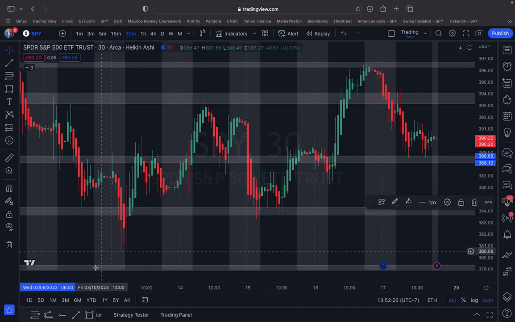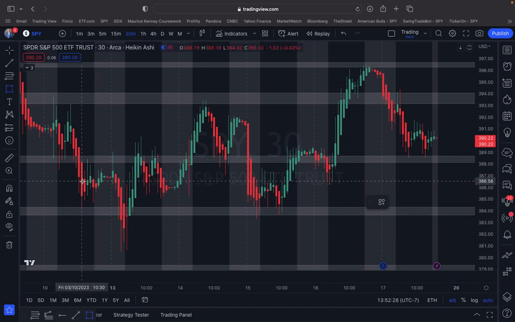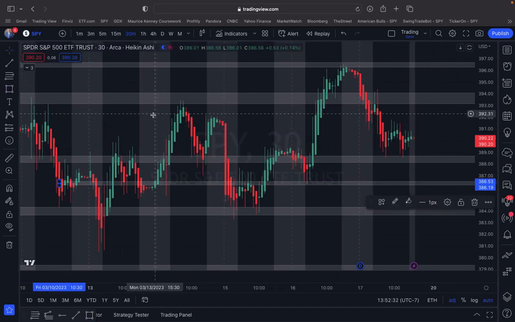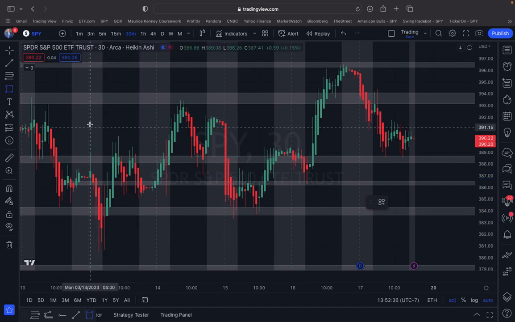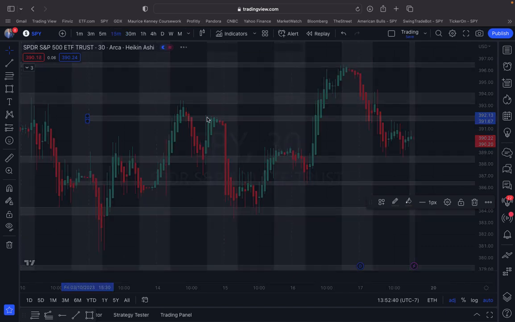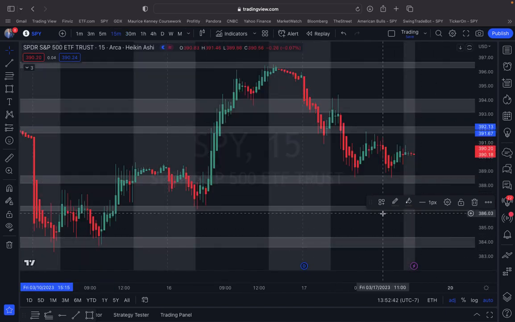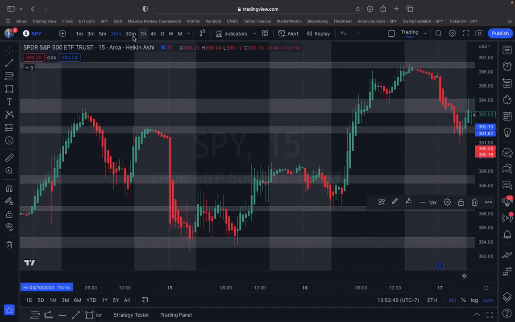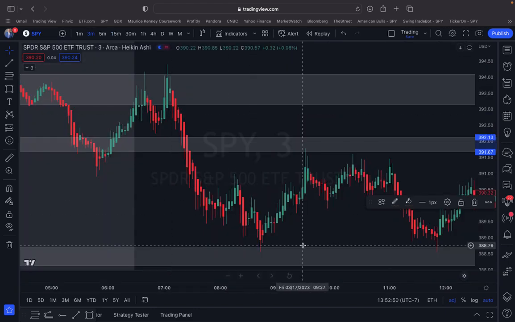Same thing on the 30-minute time frame, same exact process. We want to look at this area right here as a major zone and even right there. So let's chart that out real quick. Coming down to the 15-minute, typically if you're doing 1-hour and 30-minute, the 15-minute resolves itself. And then I just come down to the 3-minute.